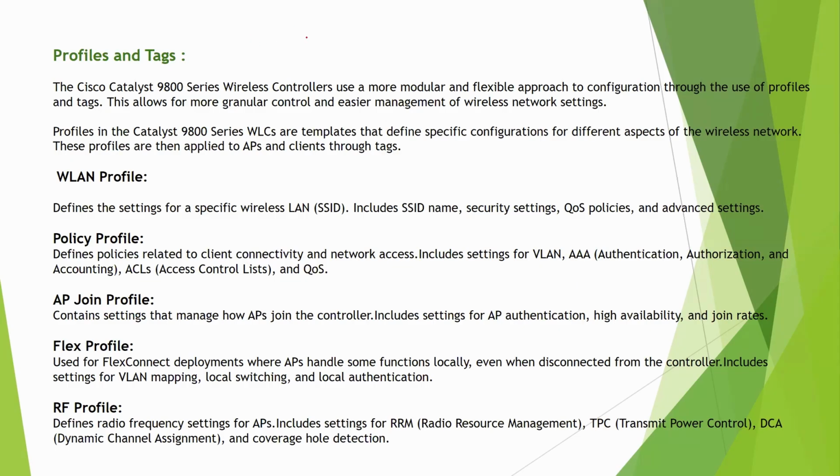If you take the 3504, the configuration is pretty static compared to the 9800. If you take the WLAN, you need to add different settings to the WLAN, and then assign this WLAN to the VLAN, and then this WLAN is assigned to an AP.